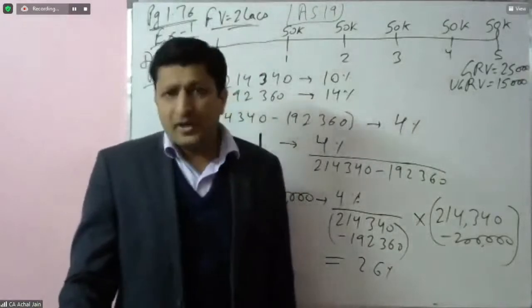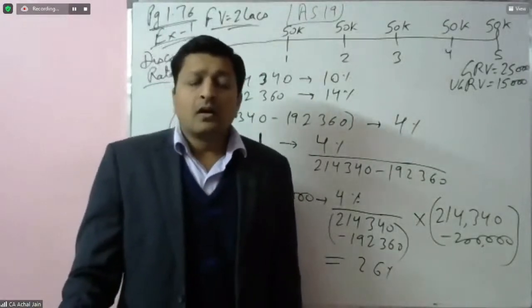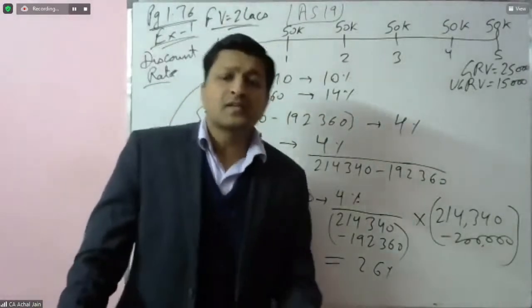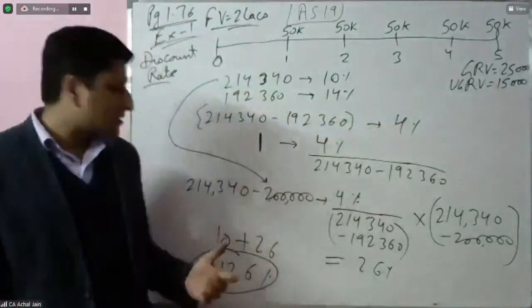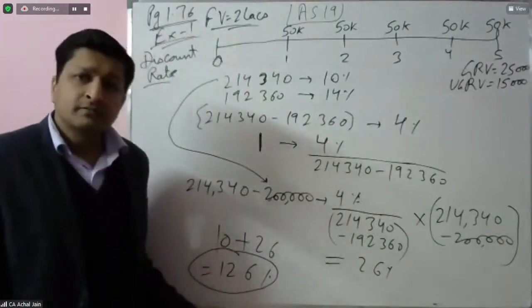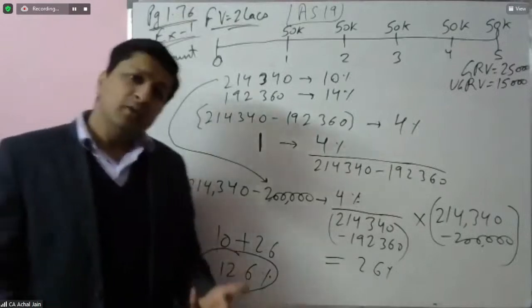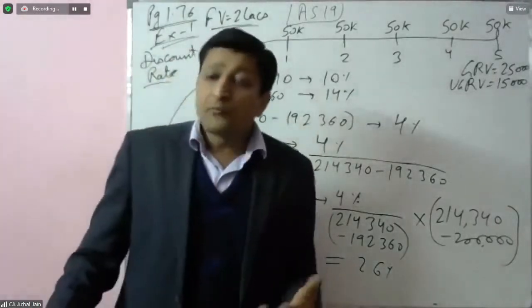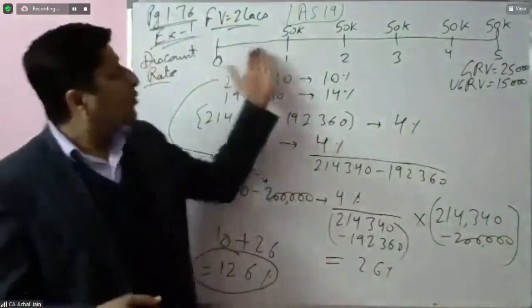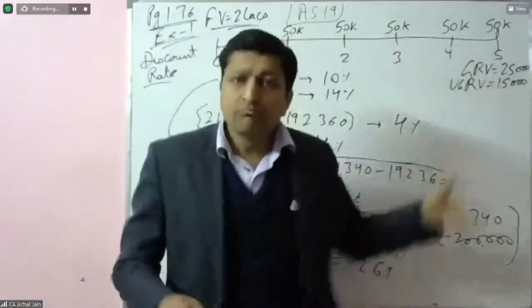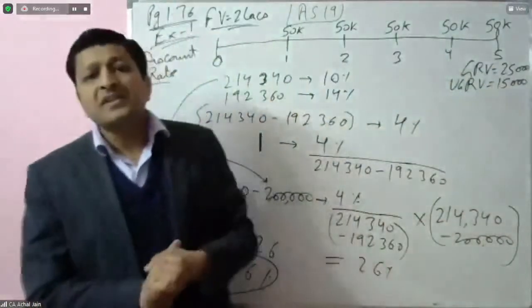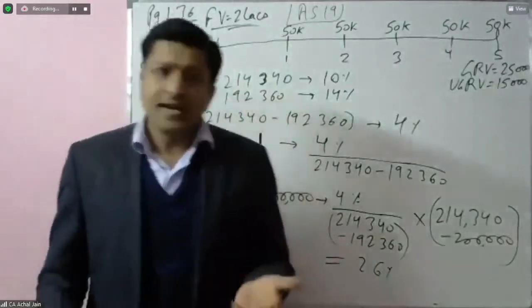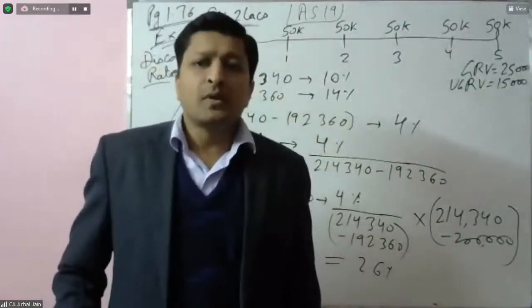Another thing the question may require is to compute the interest amount. Using this rate, you will be able to compute it. The interest amount is the total value of lease payments minus the present value. Correct?